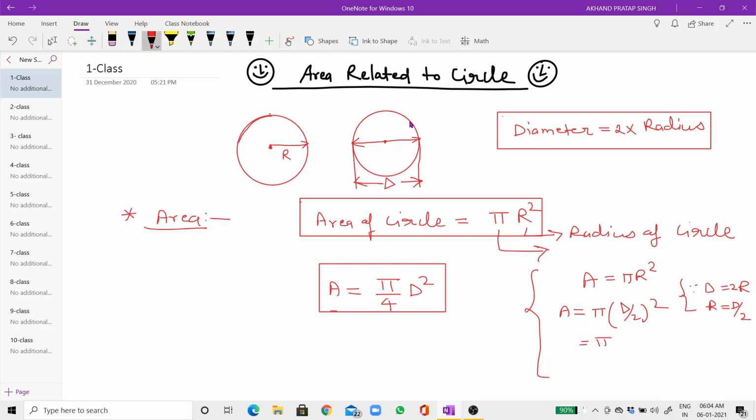So pi d square over 2 square, that is 4. So like that we got this formula, pi by 4 d square. And the unit is meter square, centimeter square, mm square. In these units we can measure the area of circle.